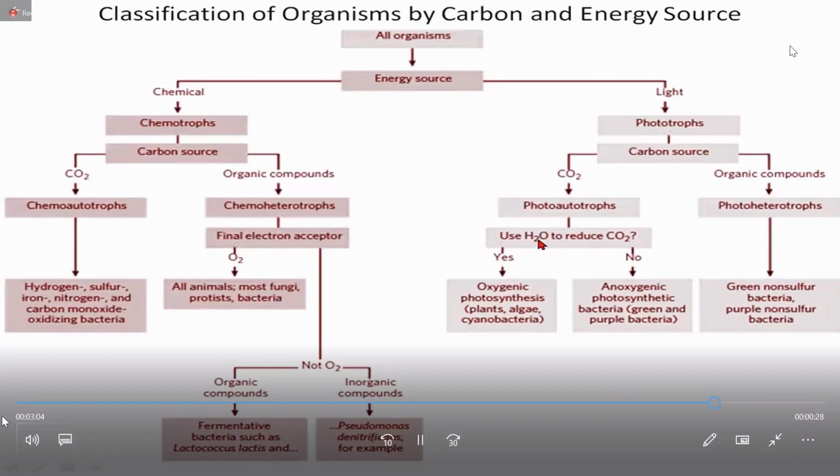If instead of H2O they use other compounds like H2S or only H2, they don't release oxygen, and they are known as anoxygenic. Oxygenic photosynthesis occurs in plants, algae, and cyanobacteria, and anoxygenic photosynthesis occurs in green and purple bacteria. Examples of photoheterotrophs include green non-sulfur bacteria and purple non-sulfur bacteria.